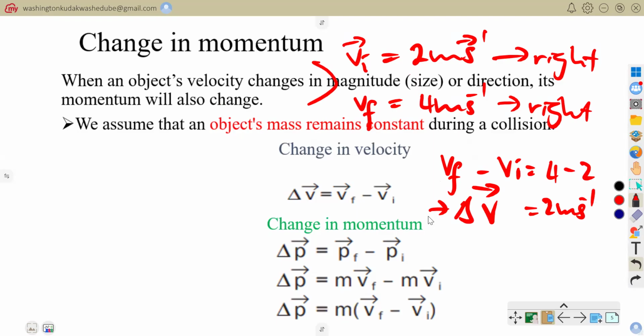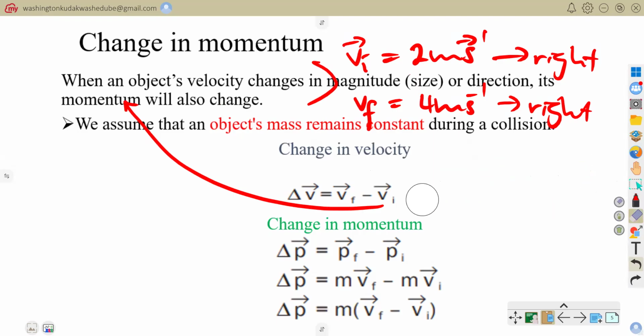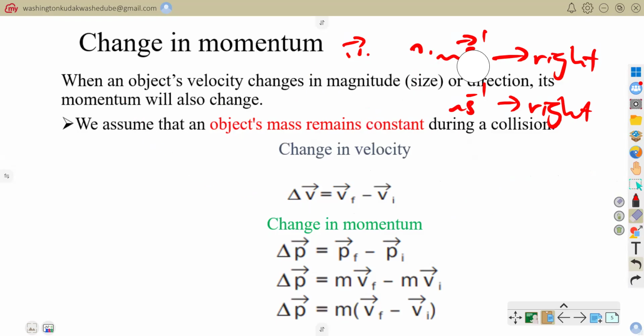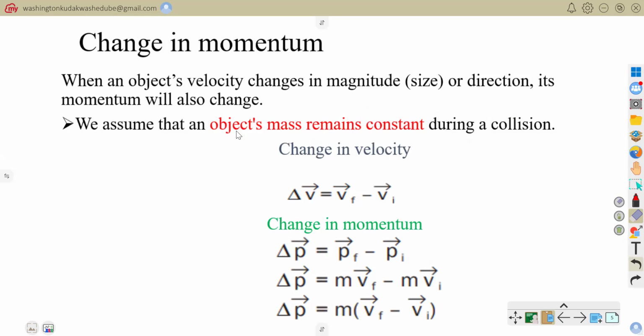This change in velocity will simply translate to the change in momentum. So whenever we have a change in the size, or the magnitude, of the velocity of an object, also know that we will have a change in the momentum of the object. Also, let's say that the object was moving towards the right, and then it turns and starts moving towards the left.